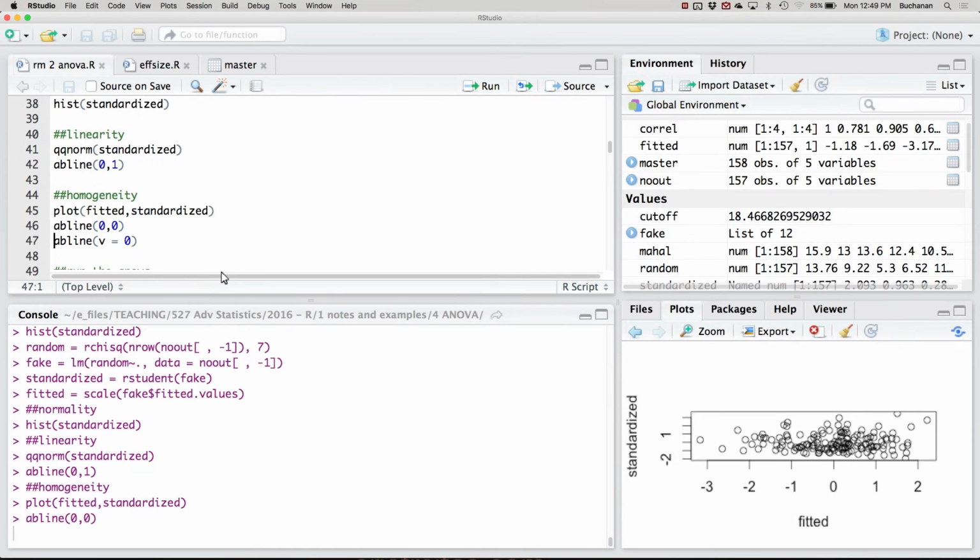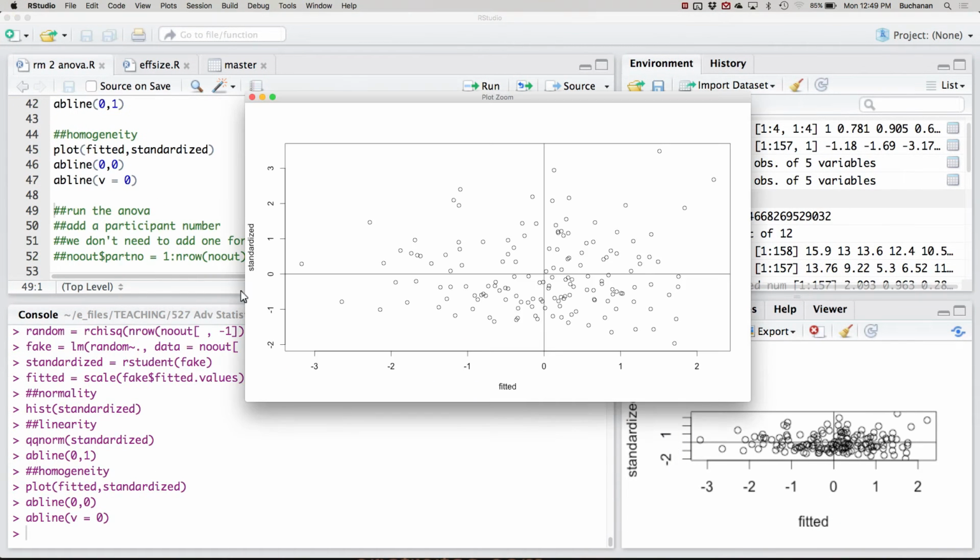Alright, and then homogeneity. It's our same plot. Oh, that one looks better than what I got yesterday. Yeah. This way, mostly between -2 and 2. It's this way that's the problem. So you see how the spread is wider at the top than the bottom. That's going to be a sphericity problem for repeated measures.